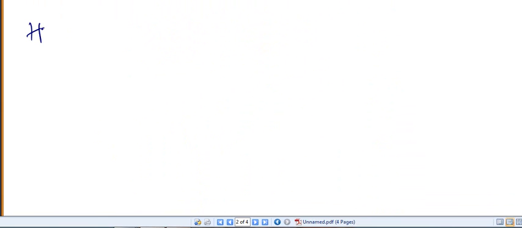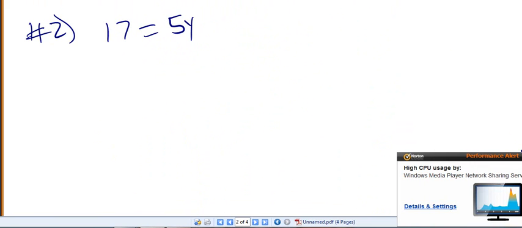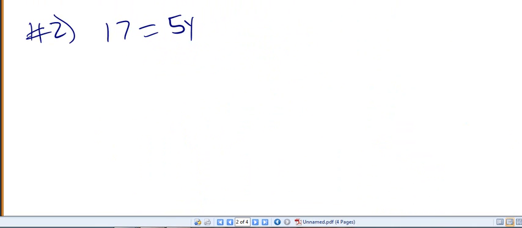Second problem, number 2: you've got 17 is equal to 5 times y minus 3. If you call this 5 times y instead of 5y, it's going to make more sense to divide both sides by 5 eventually, because you know what your inverse operation is going to be.